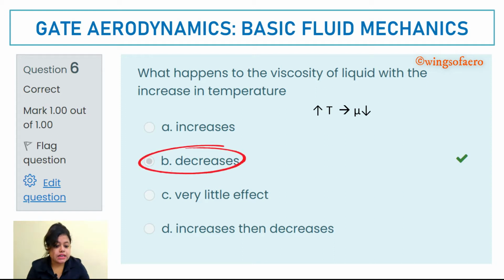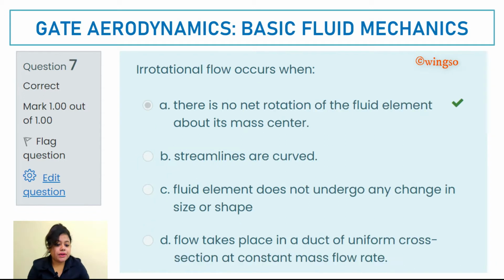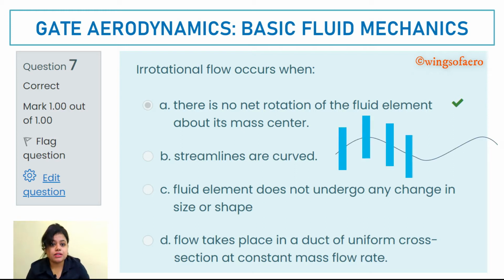Moving to the next, in this question they have asked when irrotational flow occurs, and they have given a couple of options for that. It is based on the basic definition of irrotational flow. It does not have a center axis to rotate about, so there won't be any rotation.